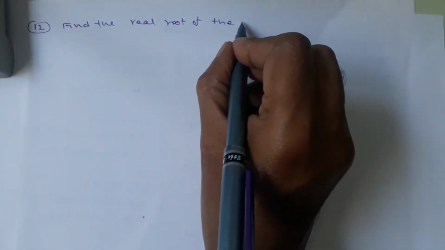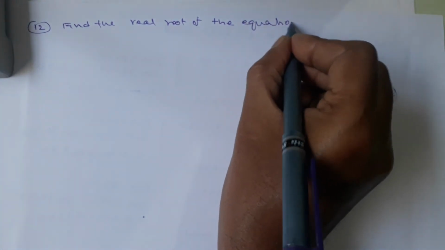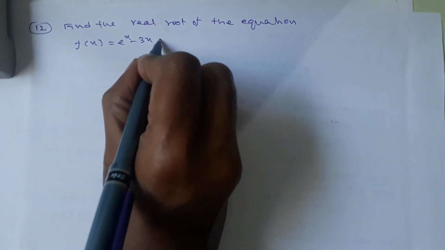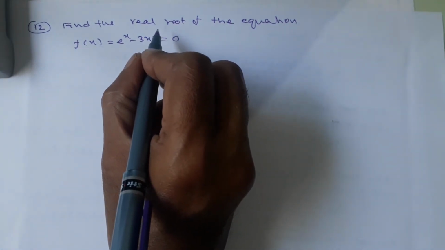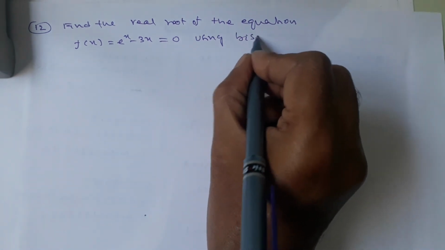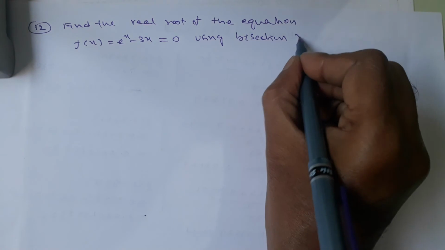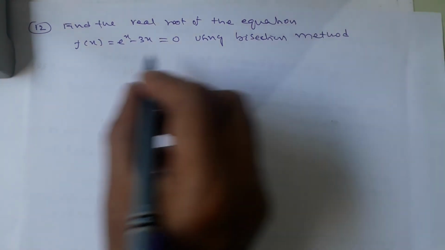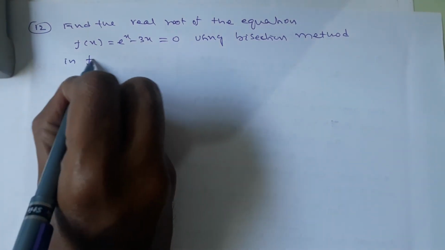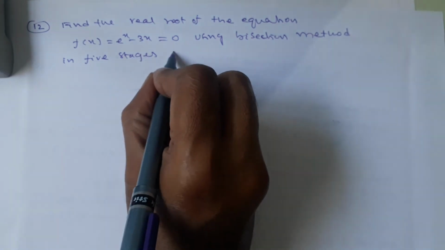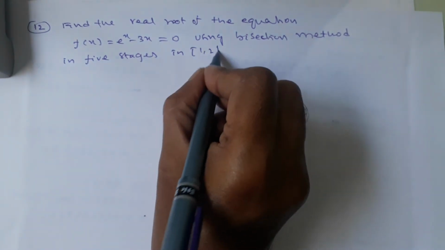Find the real root of the equation f of x is equal to e power x minus 3x is equal to 0, using the bisection method, in 5 stages, in the closed interval 1, 2.